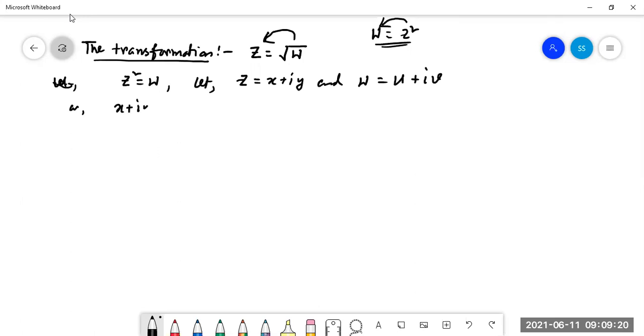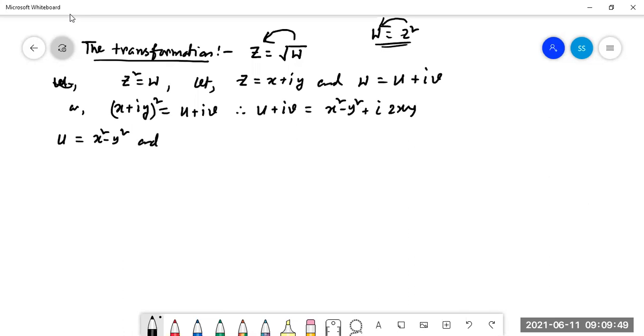So (X plus iY) whole square is equal to U plus iV. From here we get U plus iV equal to X square minus Y square plus i into 2XY. Comparing real and imaginary parts, we get U equal to X square minus Y square and V equal to 2XY.